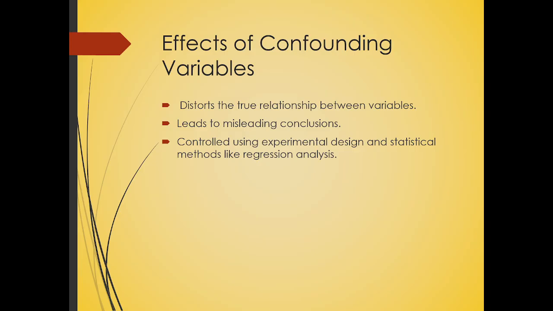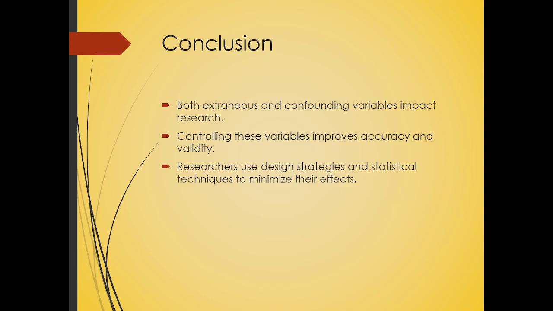It can mislead your conclusion. But when you control them using experimental design and statistical methods like regression analysis, you'll be sure that your results will be as precise as they can be.